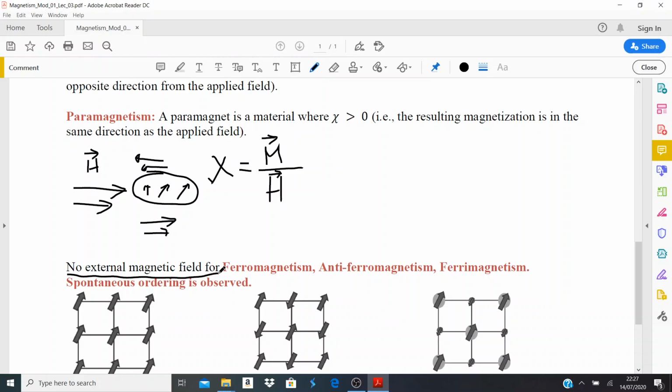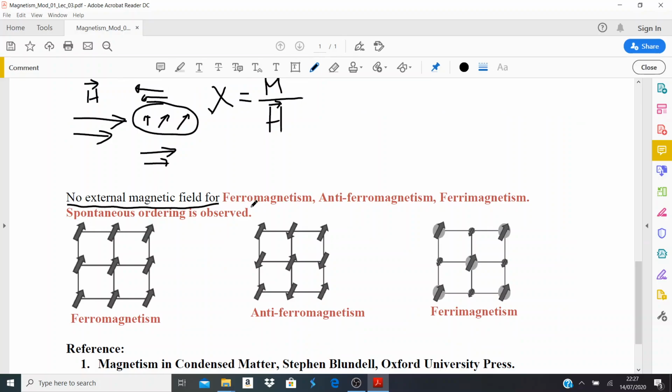But even then, in the absence of a magnetic field, the magnetic moments inside the solid order themselves spontaneously. So it's called spontaneous ordering. So another important term is that for this sort of magnetism, spontaneous ordering is observed.